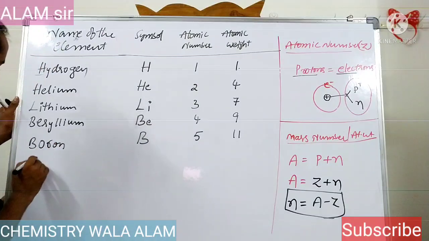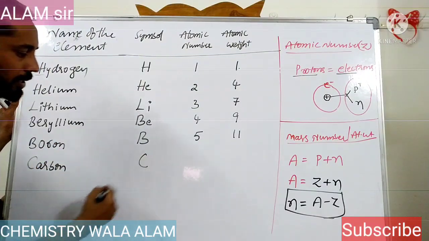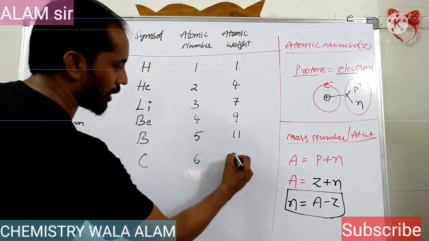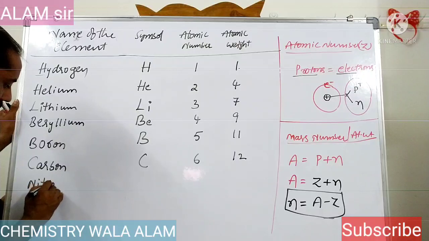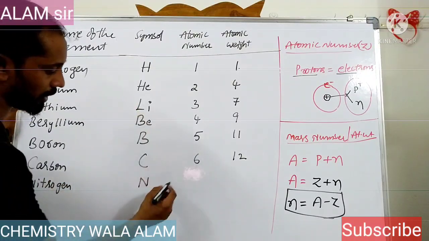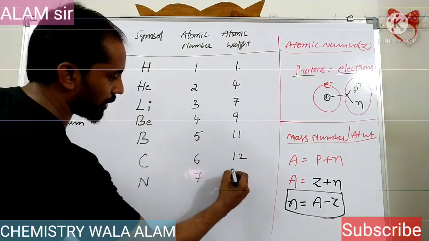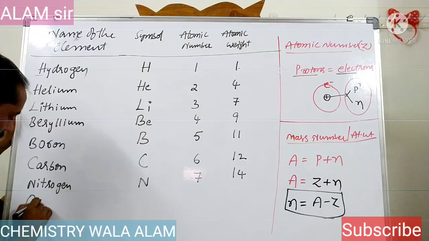Okay. Next, carbon, symbol is C. Atomic number 6. Atomic weight is 12. Nitrogen. Nitrogen, the symbol of the element is N. Atomic number 7. Atomic weight is 14. Next, oxygen.